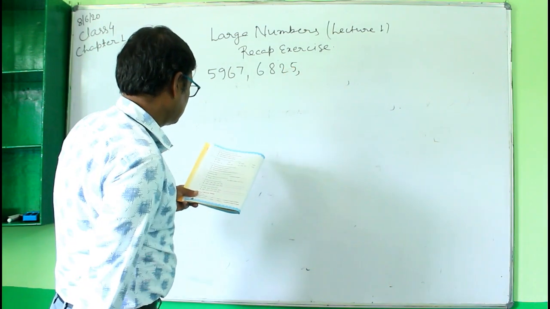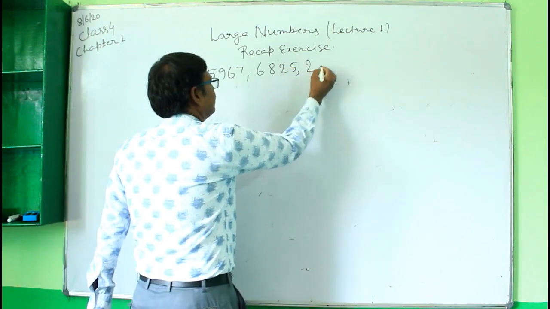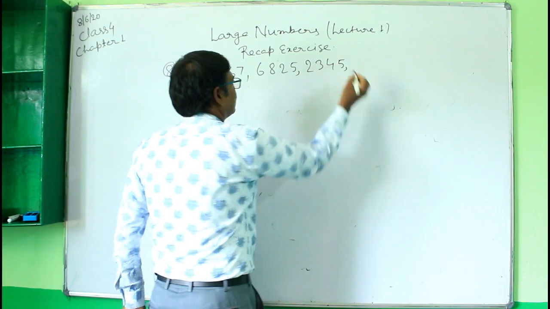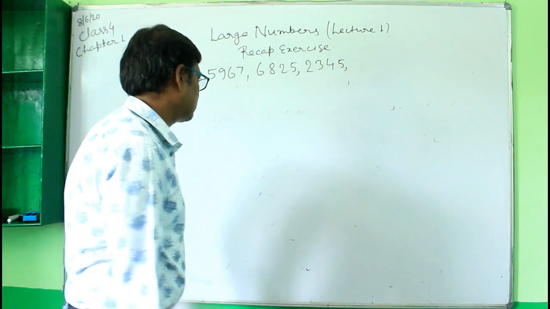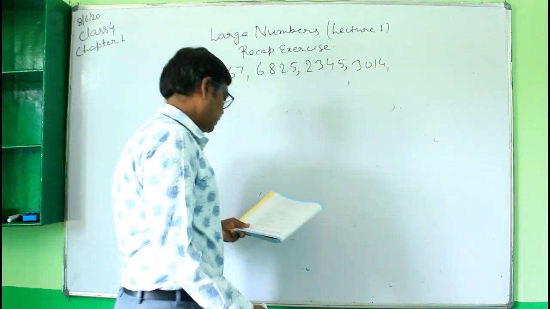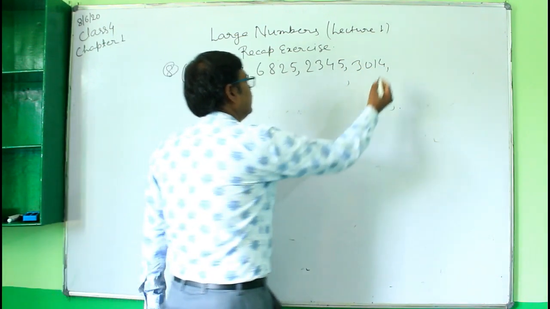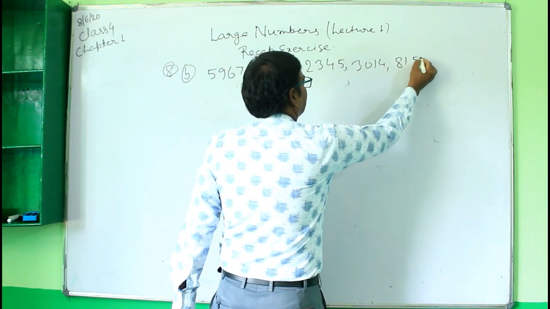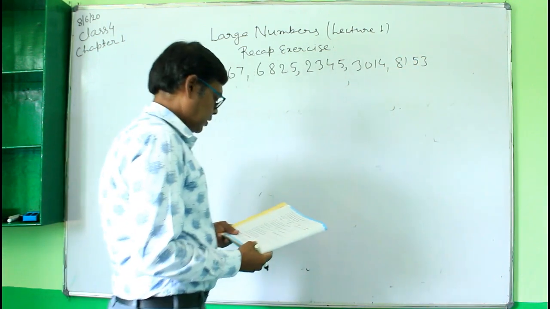The next number is 2,345. The fourth number is 3,014. And the last one is 8,153. So these are the numbers.